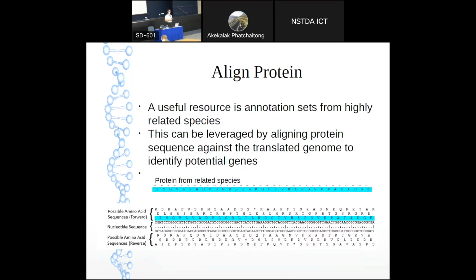Okay, another method is to align proteins from highly related species. Here you usually use a handful of highly related species, download all of the protein data that exists for them, and then map it against your assembled genome.